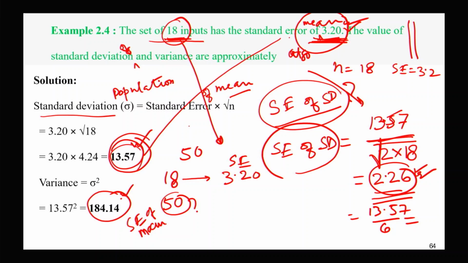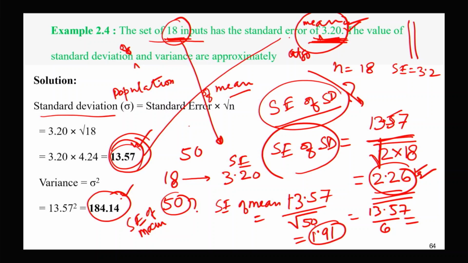We have calculated the standard deviation, so the standard error of mean will be 13.57 divided by under root 50. The value will be 1.91. So when we increase the number in the sample, the standard error is reducing. That we have already discussed.